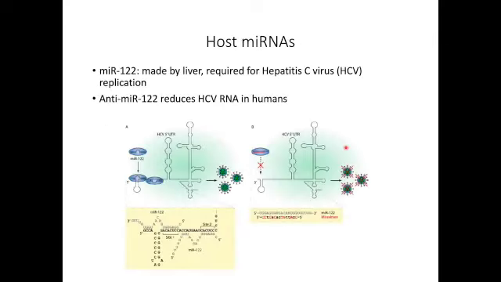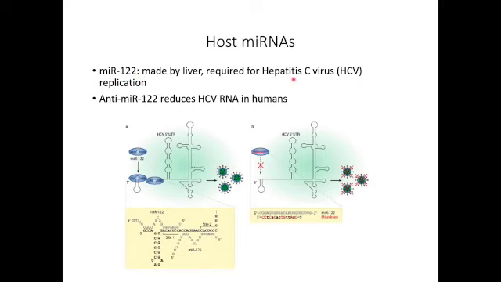So this one in particular is my favorite example of a host factor that's required for viral replication and disease manifestation. So this is a host microRNA called microRNA 122, or miR122. It's only made in the liver. So that's why hepatitis C is liver trophic, because that's where microRNA 122 is made.